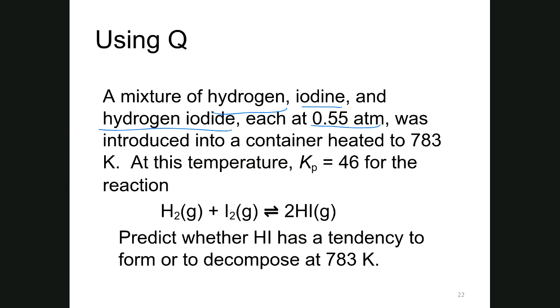So we can't find K, we have to find Q. So again, to solve for Q, we're going to use the same method as we solve for K. So it's going to be product, which is HI squared, over reactant, which is H2 times I2. So we can plug in our values. For HI, we know it's 0.55 atm.